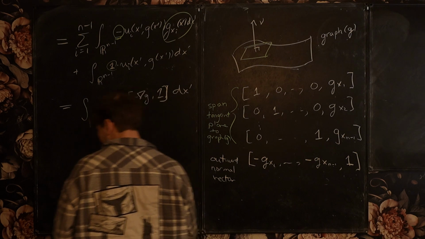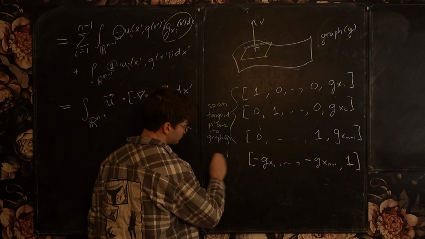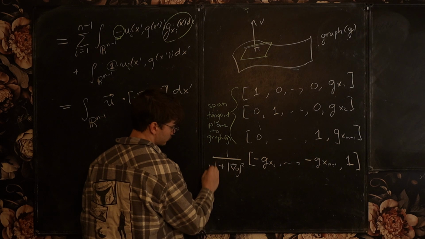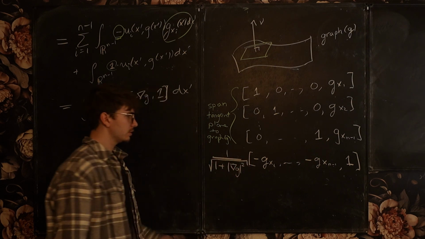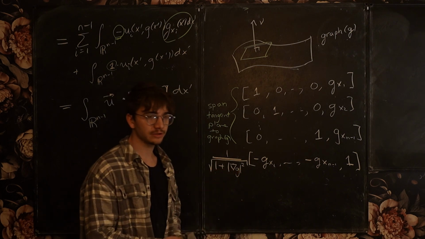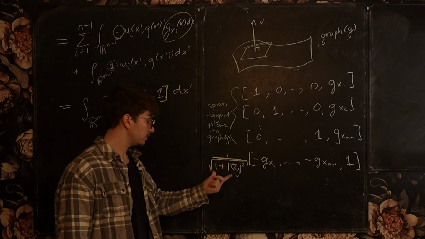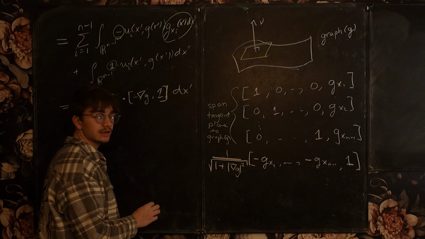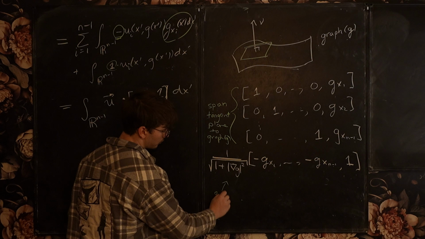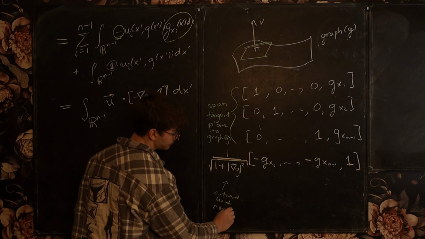So if I go ahead and divide by the length, this is the length of the vector. I take the norm of the vector using the Pythagorean theorem, and I divide by this. Now, since I've taken the vector and divided it by its length, this right here is the outward unit normal vector.